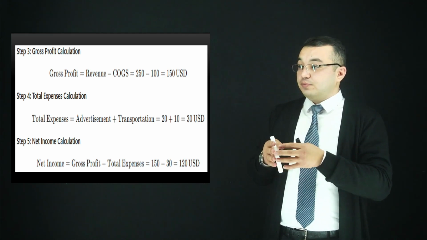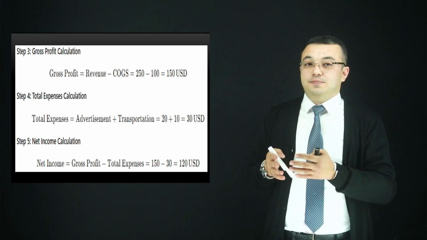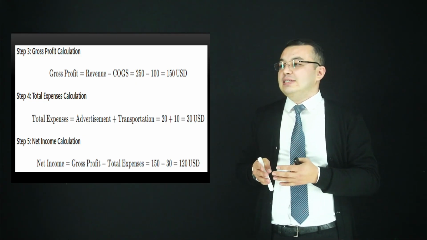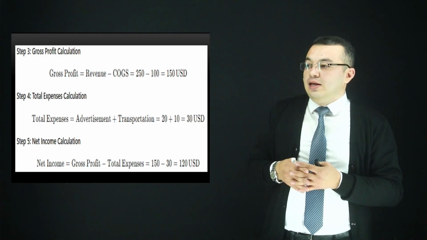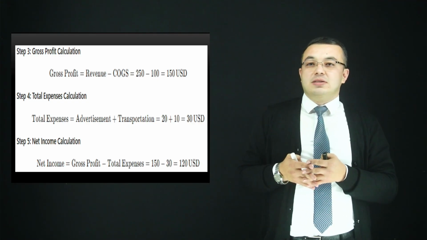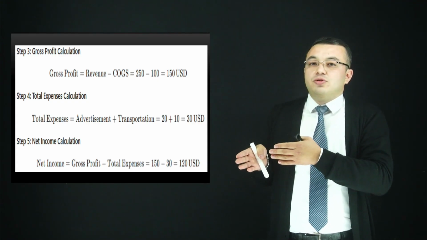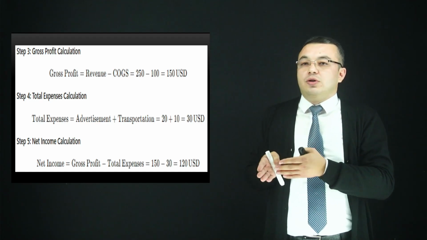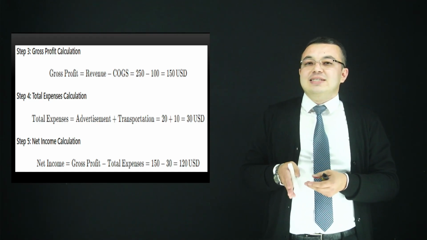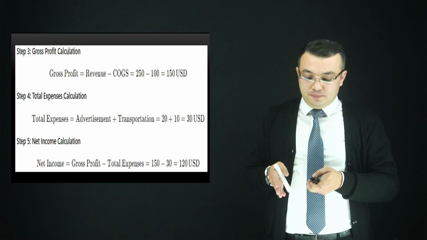This is the total expenses. And the last calculation is the net income. You can see that gross profit minus total expenses, it means $150 minus $30 equals $120. This is the net income.